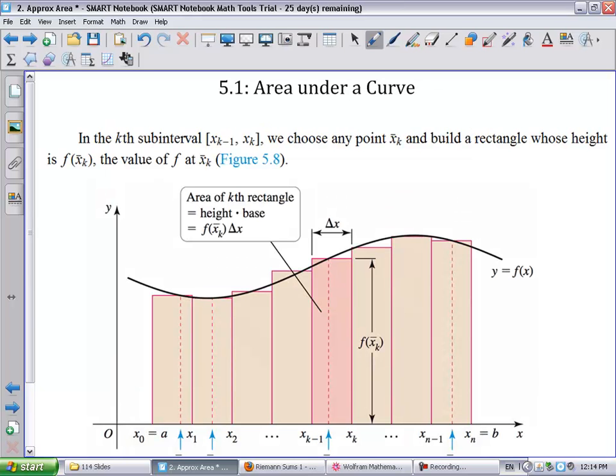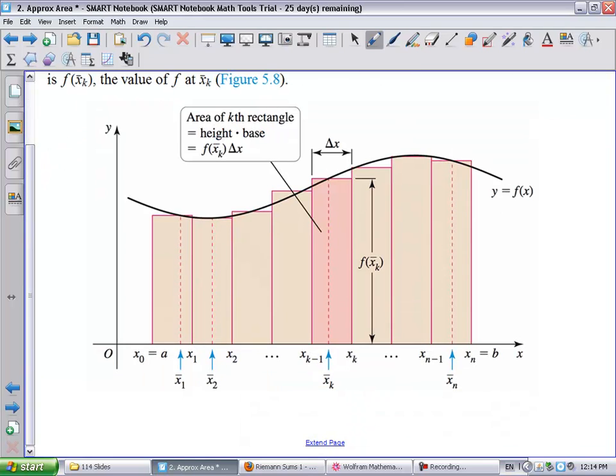Like I said, though, you could actually use any point inside that rectangle. So if we're looking at this nice highlighted rectangle here in the center, it has a width of delta x, and they're using this point here, x bar k, because this is rectangle number k, to find the height. So they plug in this x value on the x-axis into the function, and they get this height on the curve.